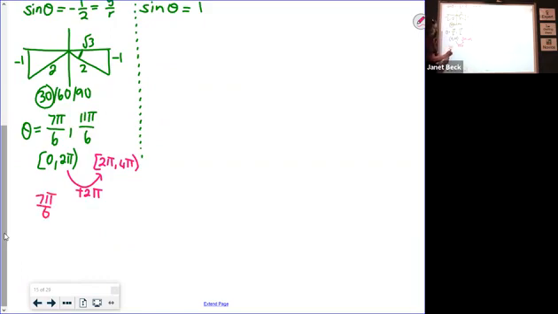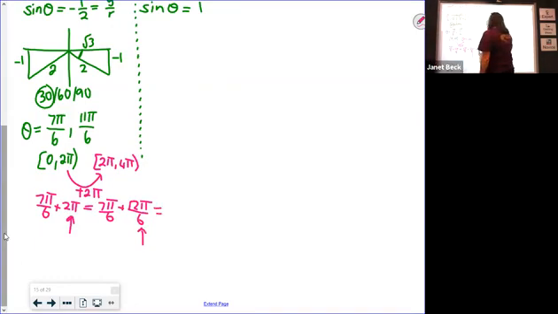7 pi over 6 plus 2 pi. You can do this bit in your head if you want to. It's the same as 7 pi over 6 plus 12 pi over 6. 2 pi is equal to 12 pi over 6. So that gives you 19 pi over 6.